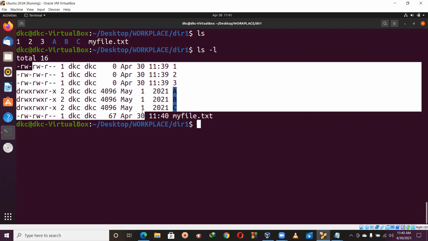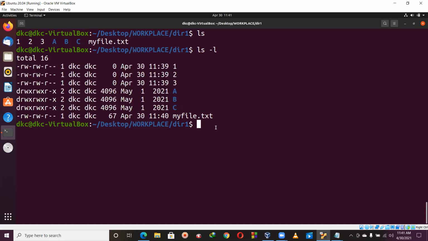Using the pipe, I can store any such information in some file. For example, let me execute here: ls -l, and here just use the pipe sign. And in which file do you want to store it? So here, cat this one, and which name?